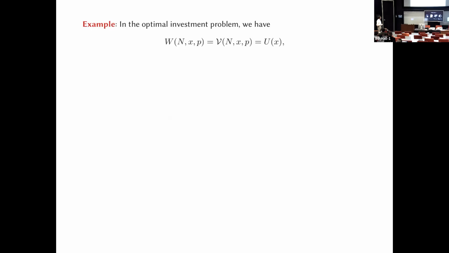And that's it. Now let's try to use that to solve the optimal investment problem. And in that situation, life is even easier. So what we want to do now is we want to solve the dynamic programming principle in that situation. And the nice thing is that we have a time component.